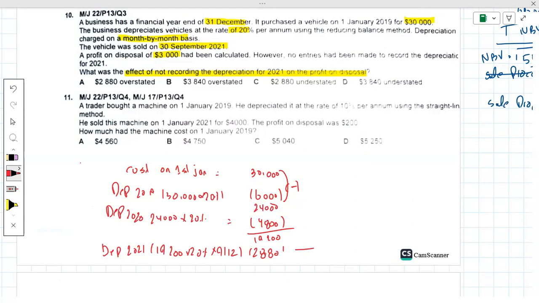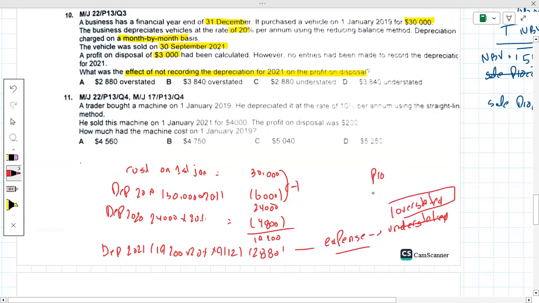Because you haven't recorded depreciation in 2021, this is a depreciation which is 2,880, and you haven't recorded these expenses.